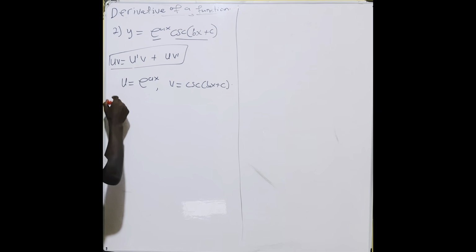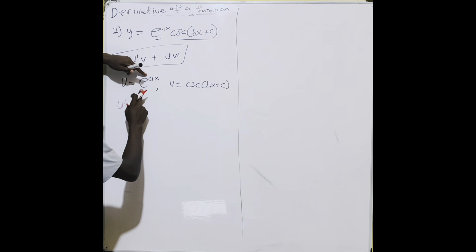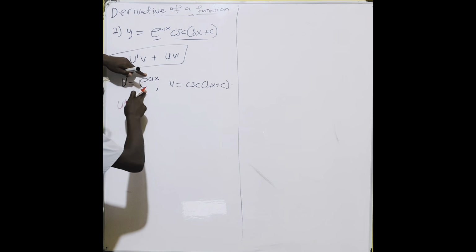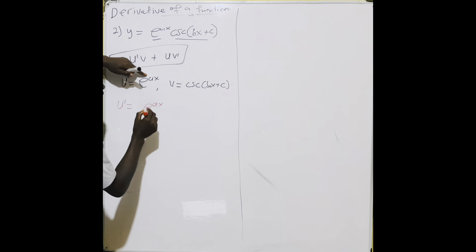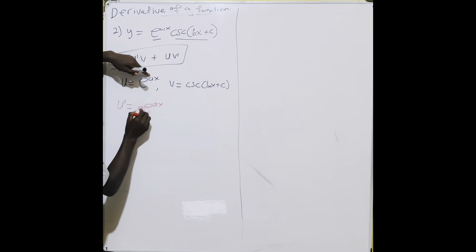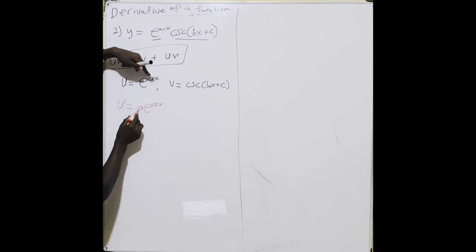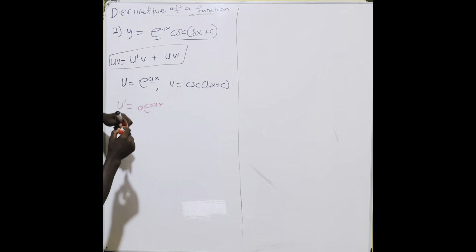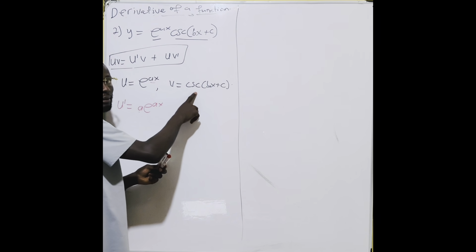So our u prime here is going to be, we have an exponential function and you want to differentiate that, which means you have to maintain the exponential function, then you differentiate the exponent with respect to x. So you're going to have a differential of ax with respect to x, you're going to have what? a. Okay, then we find our v prime, right?